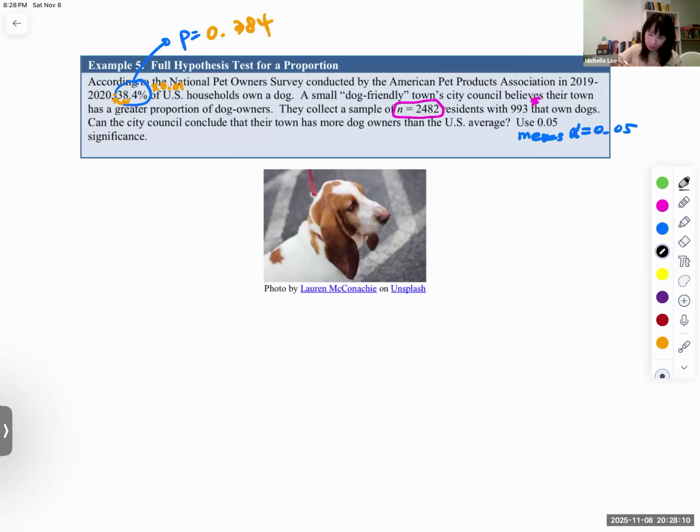Okay. Now, step one. What is the null hypothesis? The parameter equal to the value, right? So in that case, population proportion equal to, always equal to in the null, right? So 0.384. What is the alternative hypothesis? We have the same parameter and same value. Now, how do we determine the against?